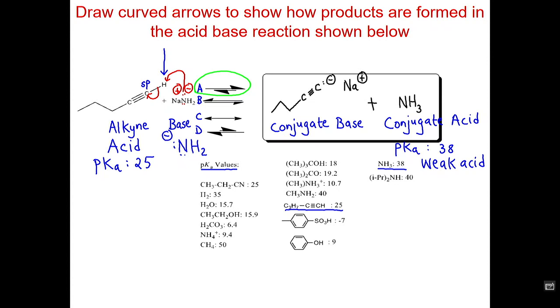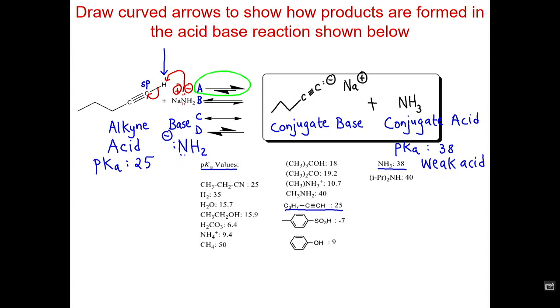So just to summarize, NH2 minus is going to act as a base in this reaction, grab the most acidic proton from the alkyne, which is attached to the sp carbon of the alkyne. The conjugate base is the salt of an alkyne, and the conjugate acid formed in this reaction is ammonia.